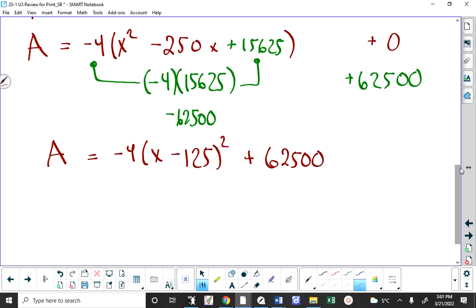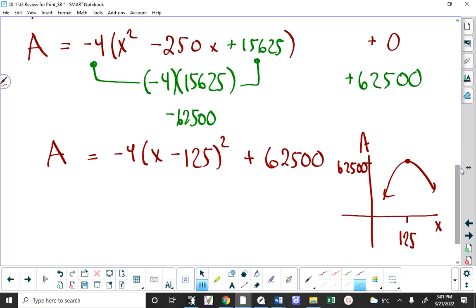What this means is that since we have a negative 4, the parabola opens down. The vertex will be at 125 for x, comma, 62,500 for area.